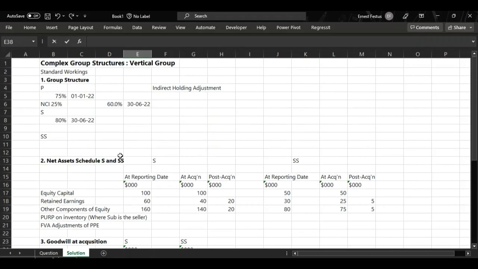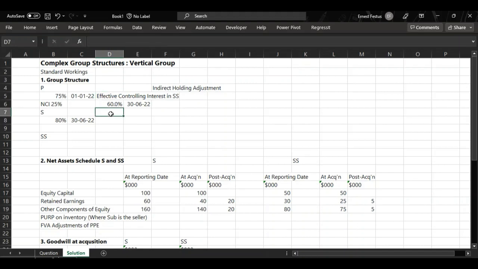From our group structure, this 3% here is what we call the effective controlling interest in SS.